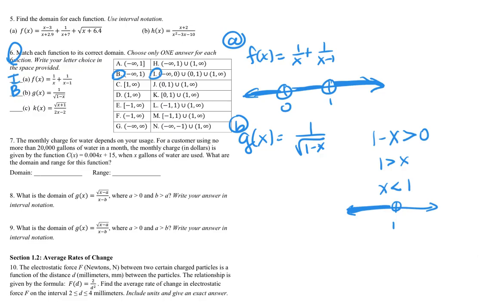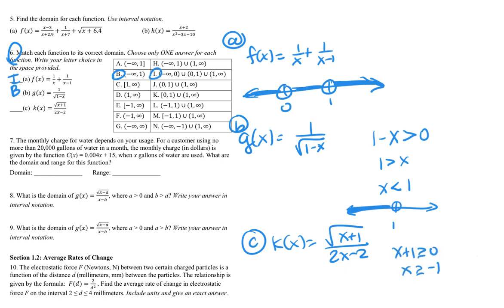The next one, on C, I have that k of x is equal to the square root of x plus 1 divided by 2x minus 2. So I know that the stuff underneath the radical, the x plus 1, needs to be greater than or equal to 0, which means x is greater than or equal to negative 1. And I also need 2x minus 2 to be non-zero.